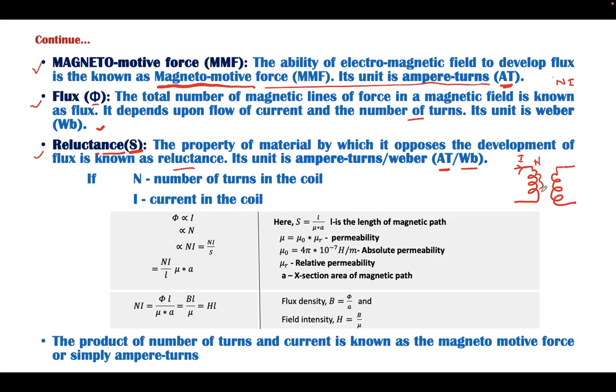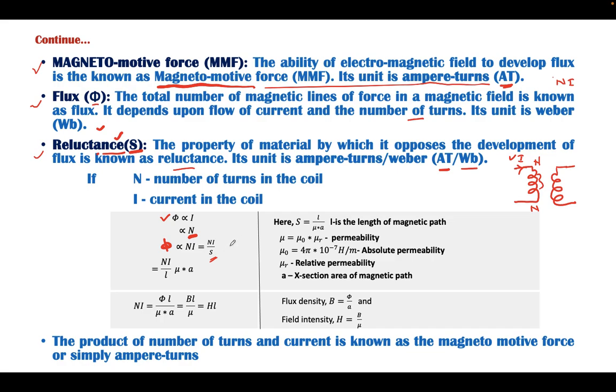Now, let n be the number of turns in this circuit, and the current flowing in the circuit is I. The flux developed in the magnetic circuit is directly proportional to I, and directly proportional to n. So flux is directly proportional to n into I. Now, to remove this proportionality factor, it can be written as Ni upon S, where S is nothing but the reluctance, which opposes the development of flux.